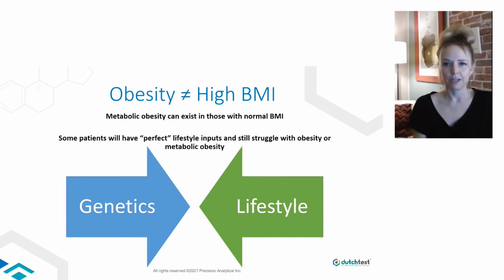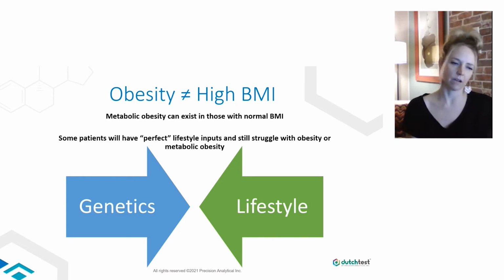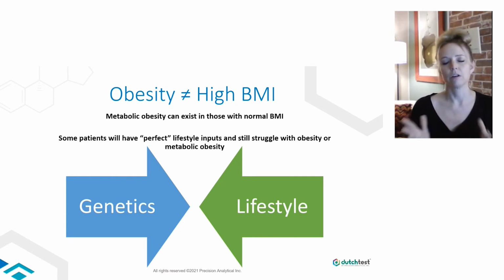And when we talk about obesity, we have to know that many times we're talking about metabolic obesity that's really only visible in the lab work. Some people call this the skinny fat patient. And we may not be able to just tell by looking at somebody quickly during an encounter, or even trying to rely on BMI as the sole clue. If anything, I think as a field, we're trying to come away from using BMI at all and to go towards using things like waist circumference and some of these other measures.